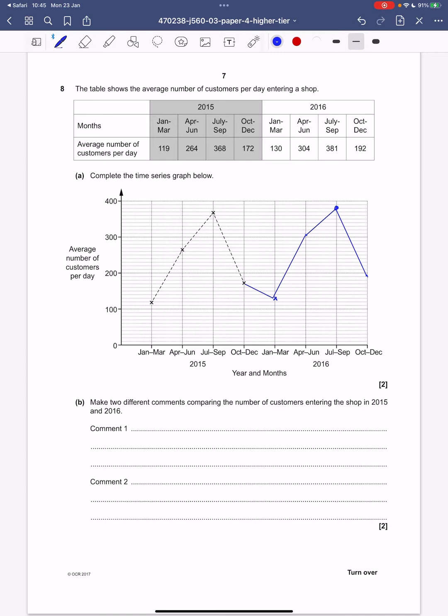Right. Average number of customers per day. There's the year and month. Make two comments comparing the number of customers entering the shop in 2015 and 2016. The first thing that jumps out: the highest number of customers is always in July to September and the lowest in January to March, so in both years.